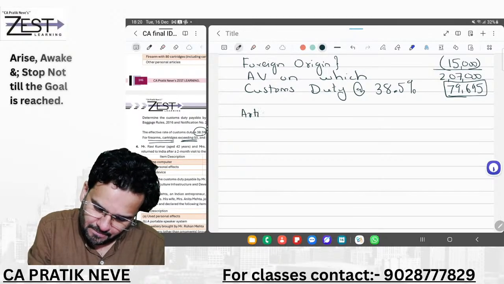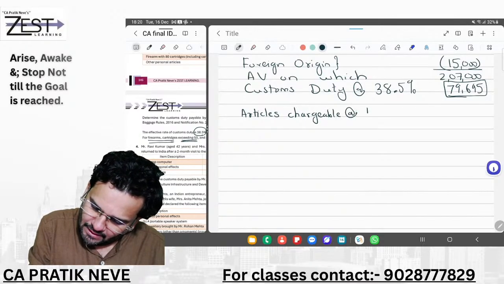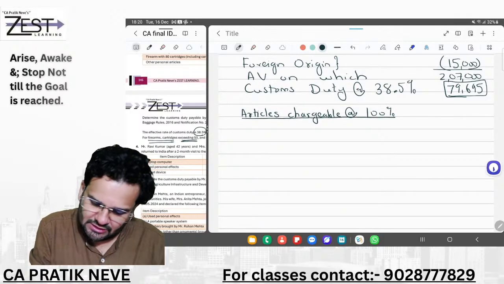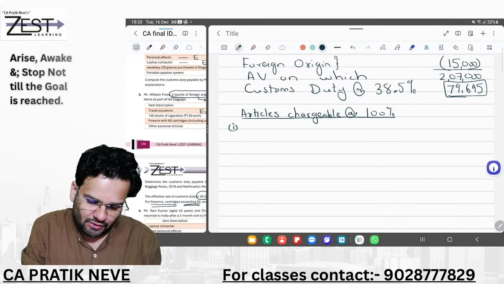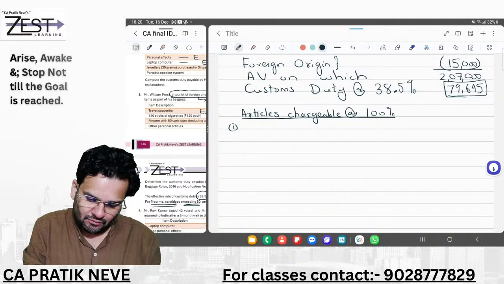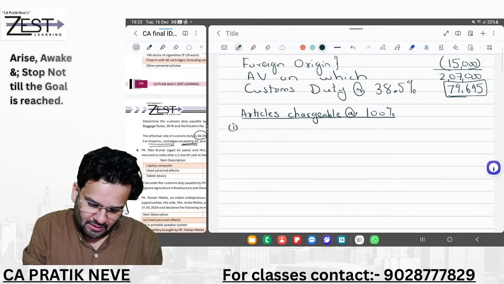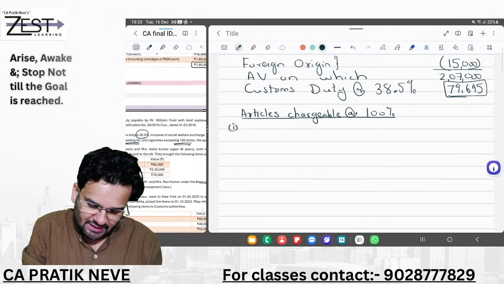Articles chargeable at 100%. Let's take articles chargeable at 100%. In that first one you have 140 sticks of cigarettes. Now cigarettes exceeding 100.